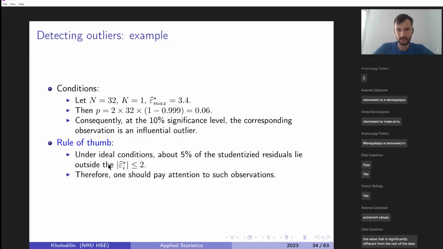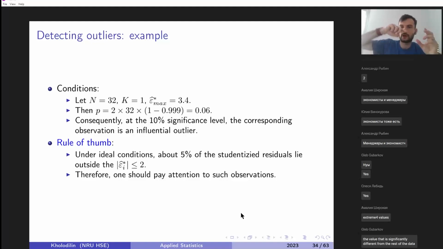And I guess most of you already got the idea that if we have some residuals, they are somehow distributed along the line of observations.